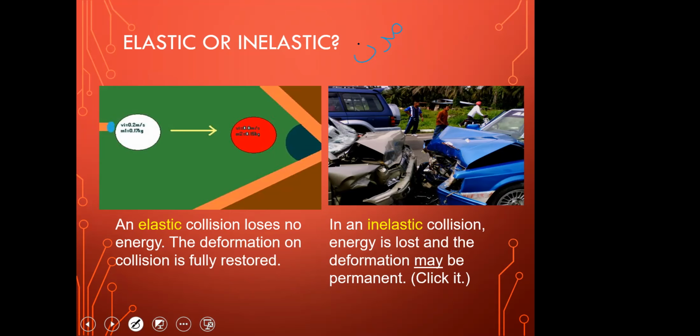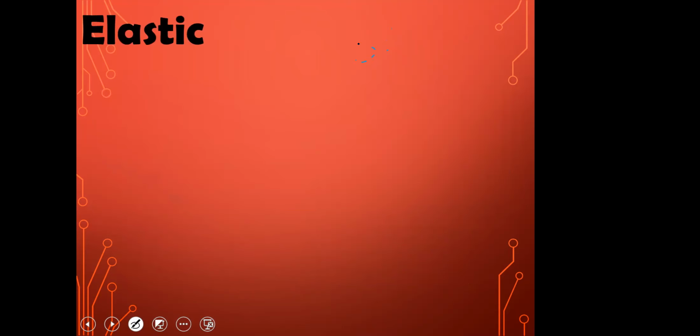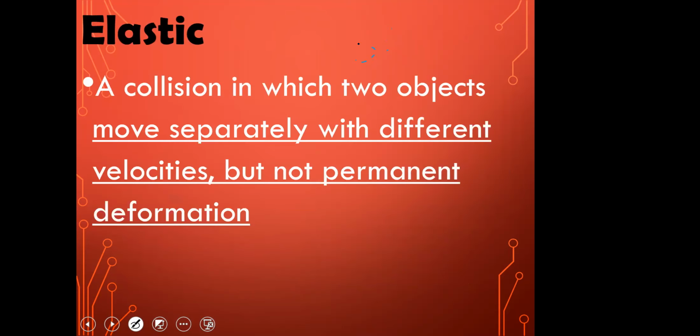Now let's talk about elastic, as you see here when these 2 cars collide with each other. An elastic collision is one in which 2 objects move separately with different velocities, but no permanent deformation. I have 2 balls colliding with each other.